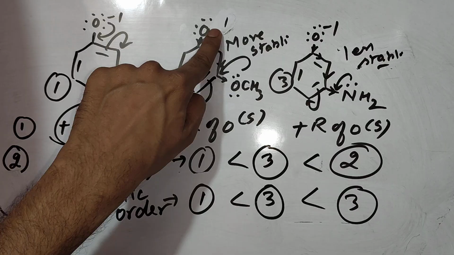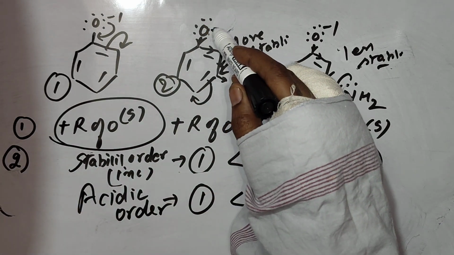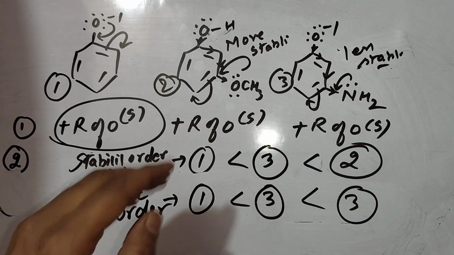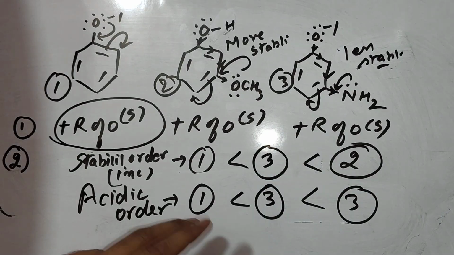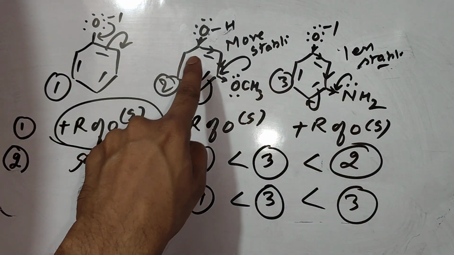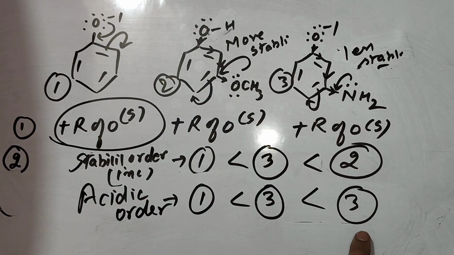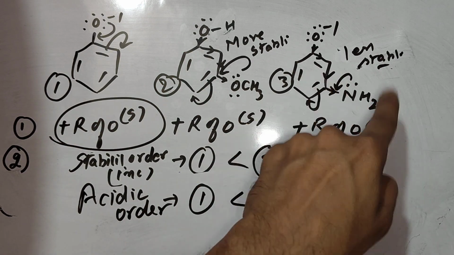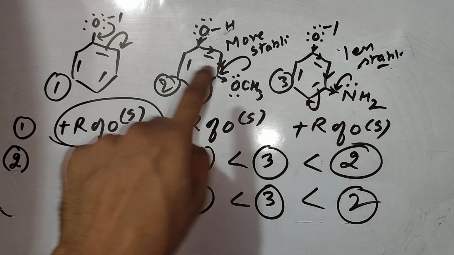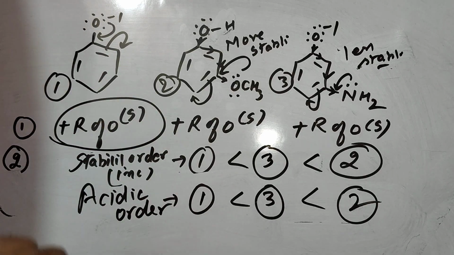So this molecule knows that after loss of H positive, I will get stablest anion. So it will be ready to lose H positive as compared to other. If it is releasing H positive easily, it will become most acidic. Sorry, 2 here. It will become most acidic, followed by meta-amino. Then least acidic will be normal phenol.